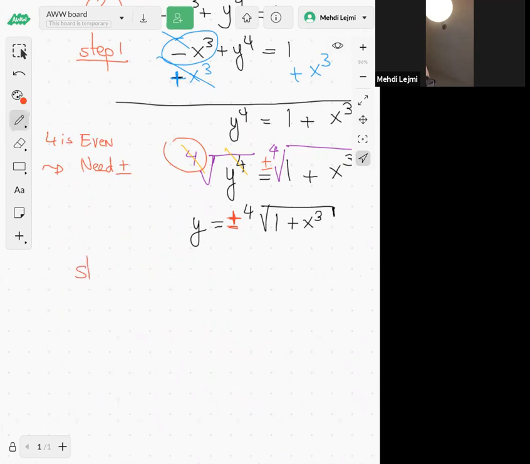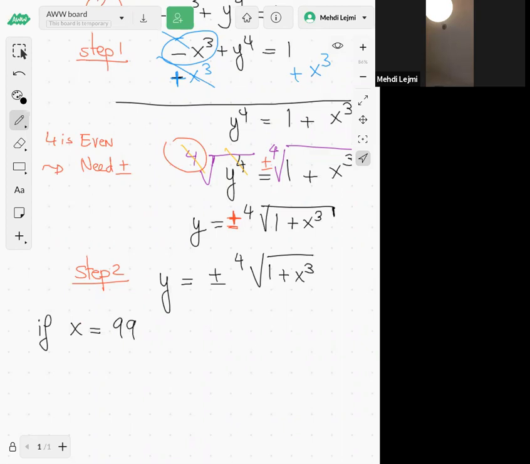So step number 2. So I'm gonna check the rule. So again, my y is supposed to be plus or minus this 4th root of 1 plus x cubed. Again, you can just take very simple values of x that will be very simple to evaluate. So let's say my x is 99.